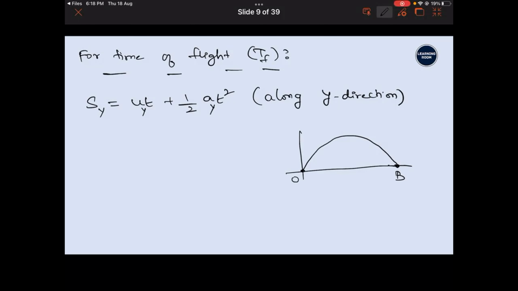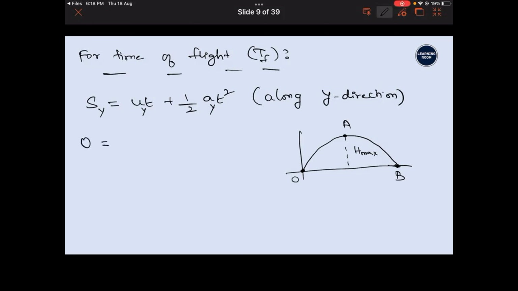Between point O to B. If the particle has gone from point O to A, between O to A displacement is h max, but between O to B, what is the vertical displacement? It's 0. Means whatever horizontal level the particle has started from, it has landed back at the same horizontal level. So along the vertical direction, the displacement of the particle is 0.